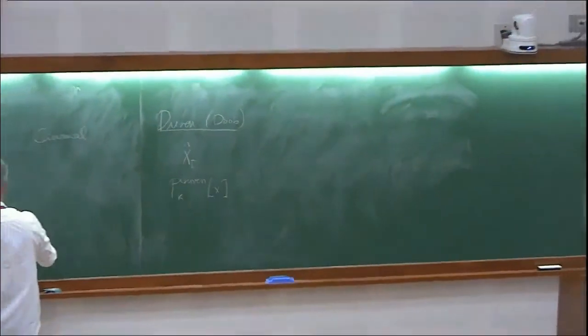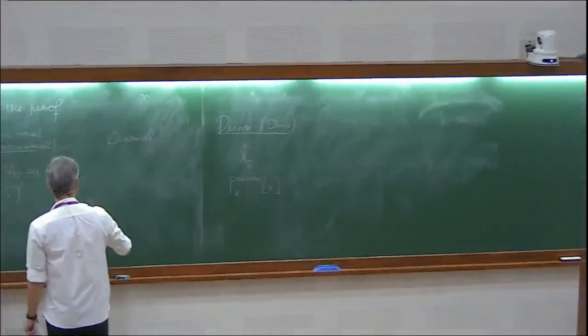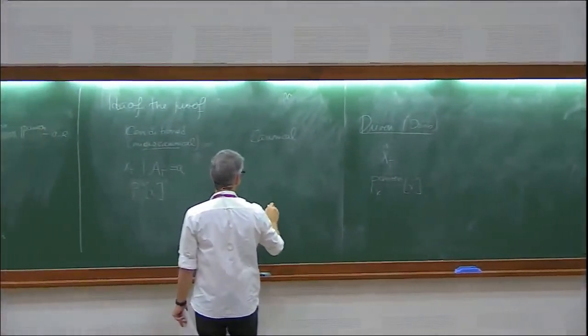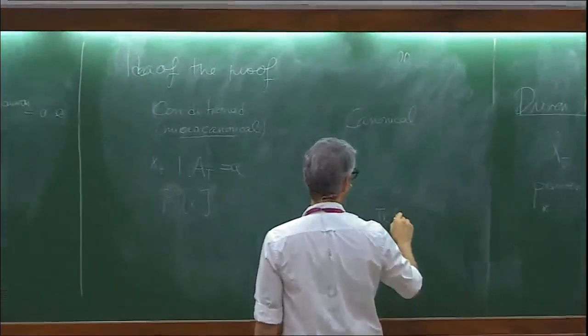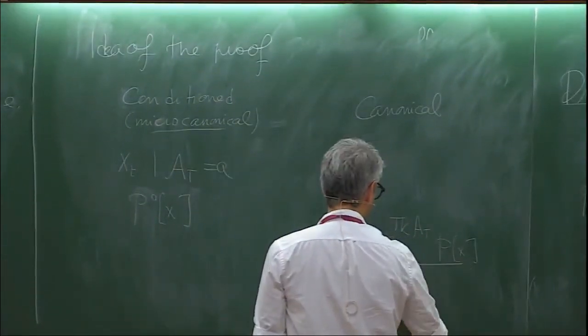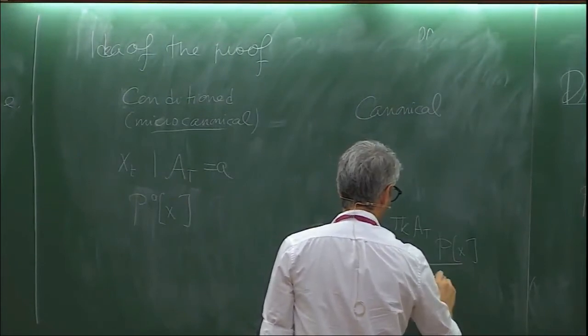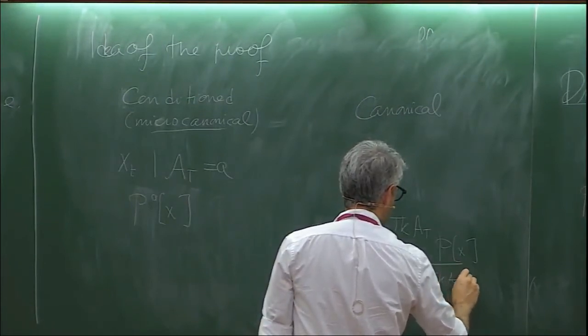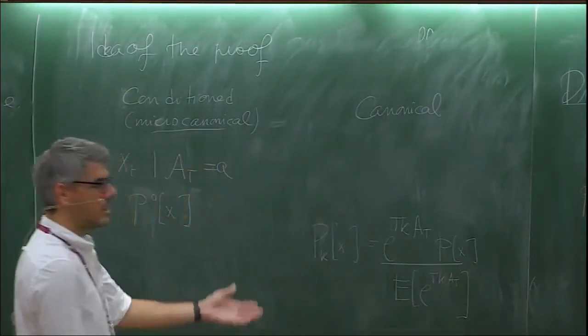What we're going to use is something in between, which we call the canonical, which is just the exponential tilting of my original process. We call it the canonical because it's in canonical form.